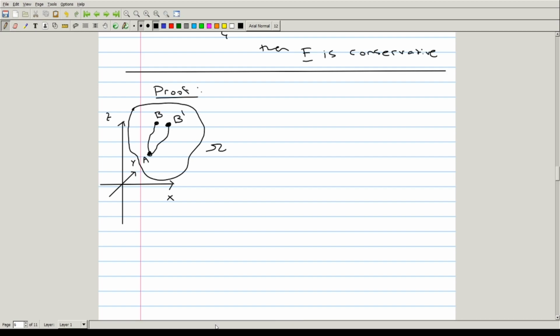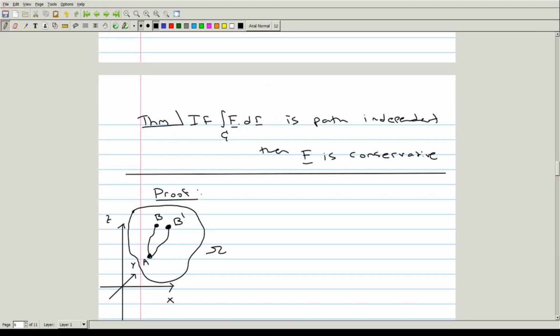And this proof is going to rely on exactly this idea. So we want to first start off by making our first assumption, which is that I assume that the line integral of f dot dr is path independent.